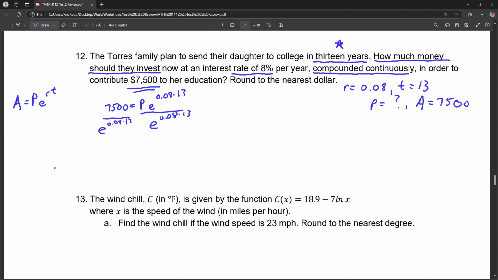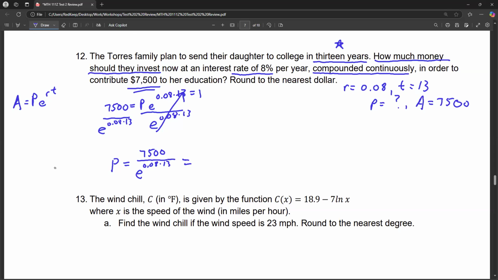That all just equals 1, except for the P. So P is equal to 7,500 divided by e raised to the 0.08 times 13.